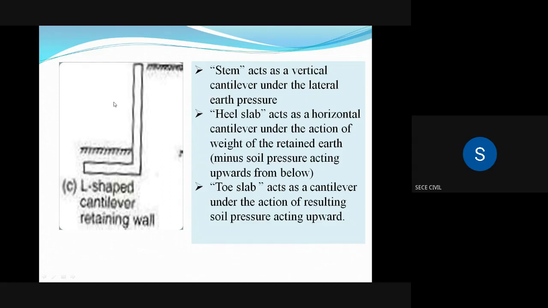Because the land mass will be here only, the heel portion will be there. The heel slab acts as a horizontal cantilever under the action of the weight of retained earth. Toe slab will not be there. They mentioned toe slab acts as a cantilever under the action of resulting soil pressure, but the toe slab will not be there in an L-shaped cantilever retaining wall.